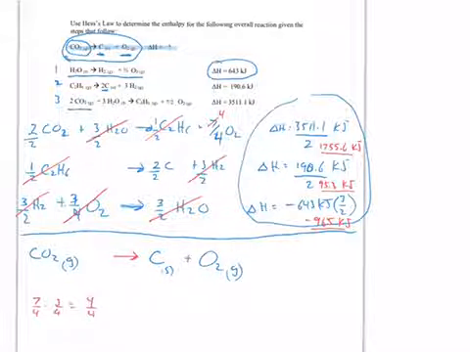So it's going to be 1755.6 kilojoules plus 95.3 kilojoules, and then minus 965 kilojoules.